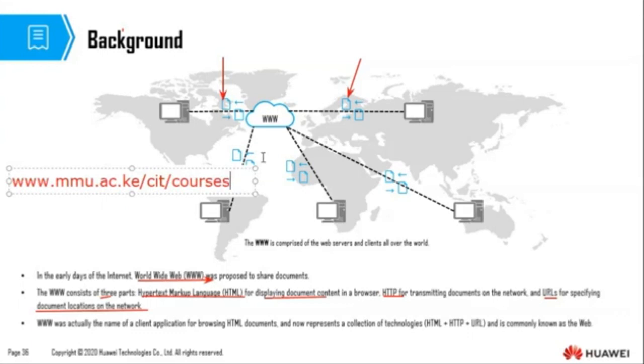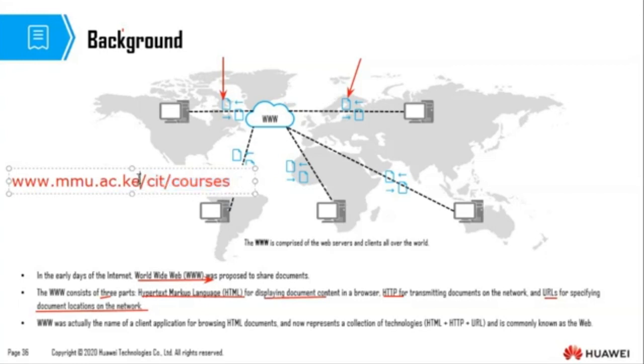A URL has the domain name. This is the domain name. The domain name, it has the protocol bit, and it has the location of the resource you want on that particular server.